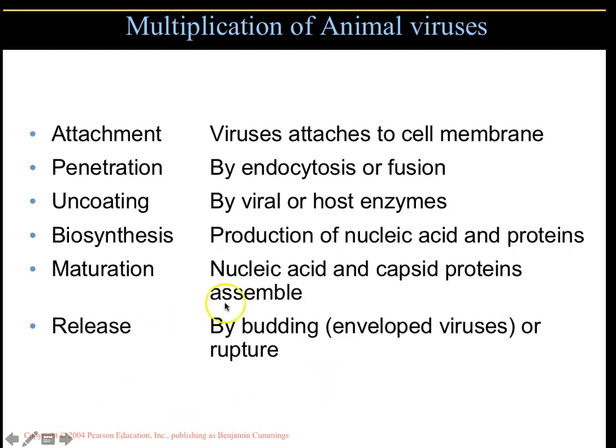Budding tends to happen with viruses that are sexually transmitted. What the virus wants to do is not kill the cell, because it wants to slowly replicate by budding. When it buds out of a cell like HIV does, it doesn't kill the cell.